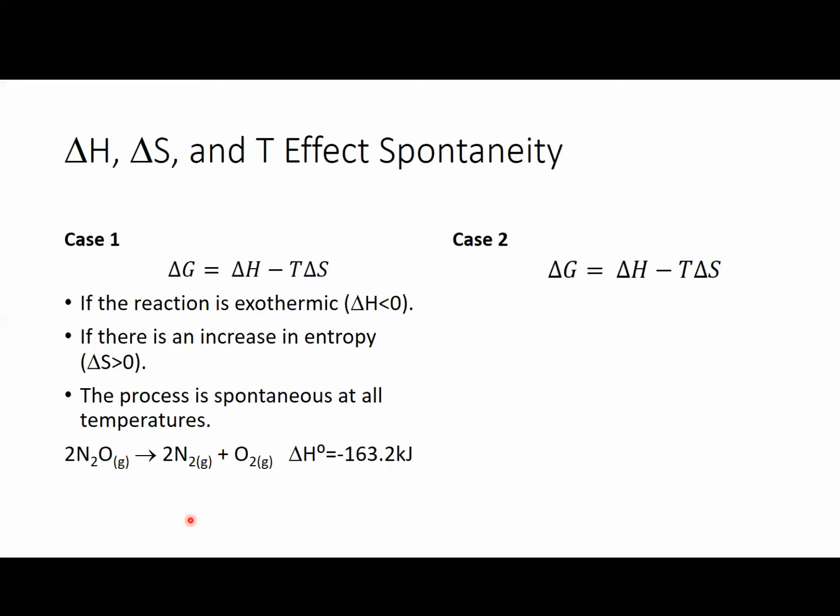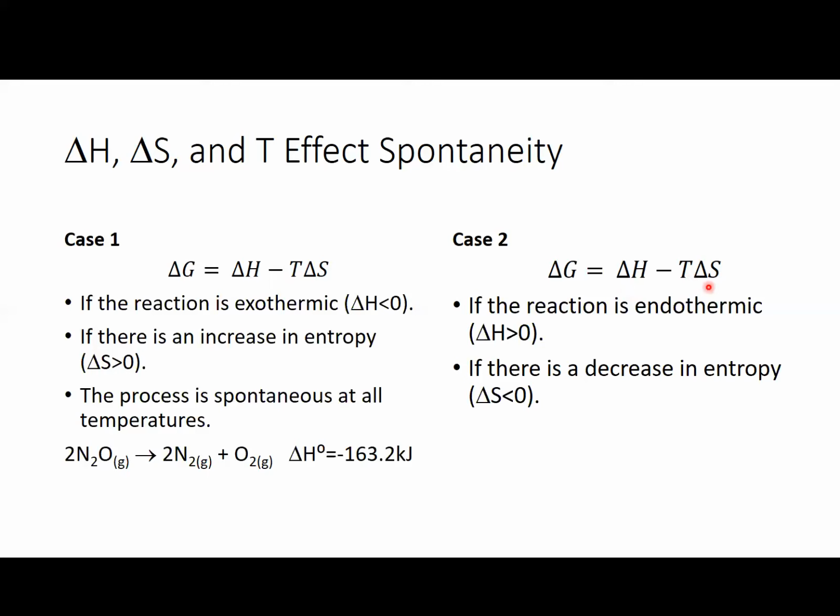Now, this second case over here, again, same exact reaction. Let's say I'm doing something endothermic, not exothermic. So if it's endothermic, my delta H is a positive number. And let's say that there's a decrease in entropy, meaning that this is a negative number. So now I've got a positive number minus a negative number, which is like adding a positive.